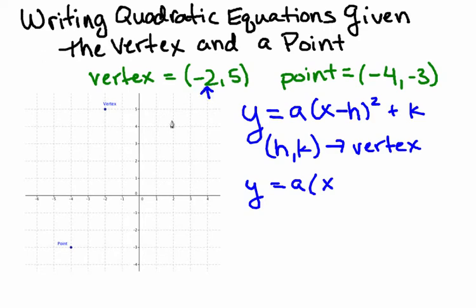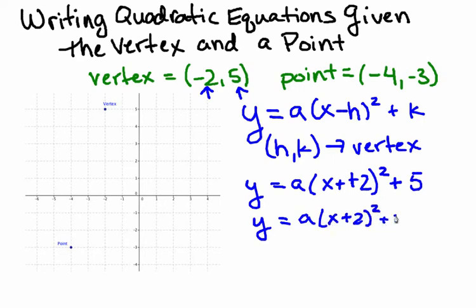And in this case, that's going to say x minus a -2, so we'll actually have x plus 2 quantity squared, and then plus the y value of the vertex, which is 5. So we know so far that y equals a times x plus 2 squared plus 5.